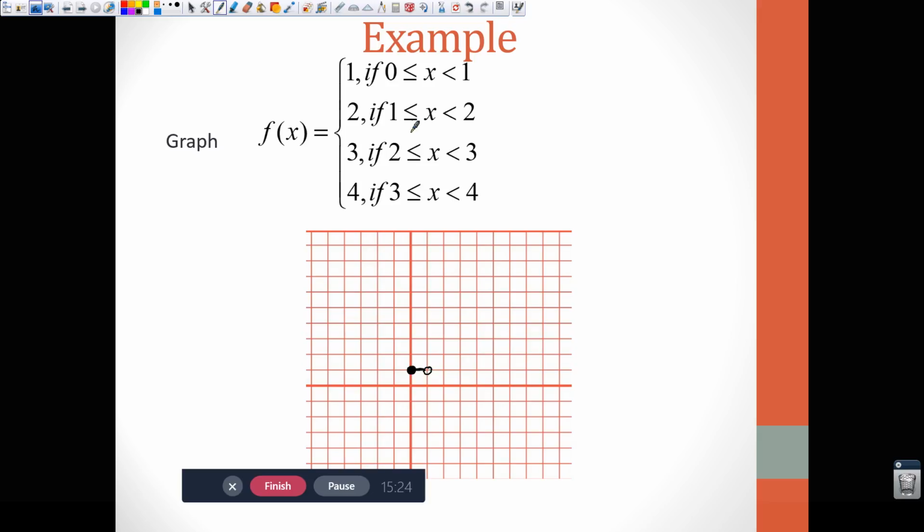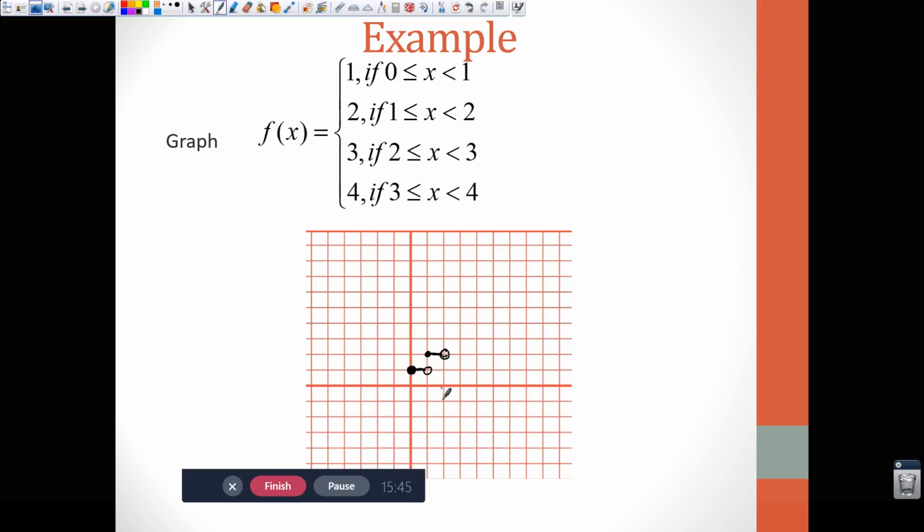Okay, so now if x is at 1, then our y is at 2, and it is a closed circle, and it is greater than, so it's going to go in that direction. And at 2, it is at 2, and it's an open circle, and it's going less than, so it's in that direction.